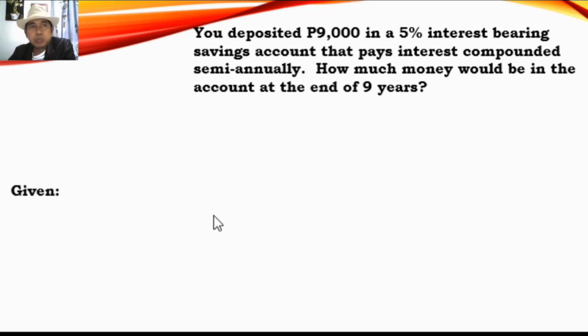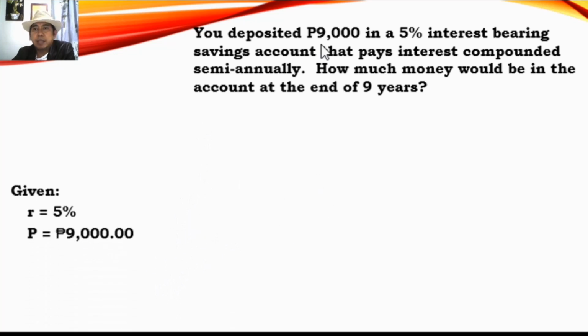So how do we deal with this problem? We will be dissecting the details of the problem. These are called the given. What is the rate given in the problem? It is 5%, interest bearing annually. Next, what is the principal amount?